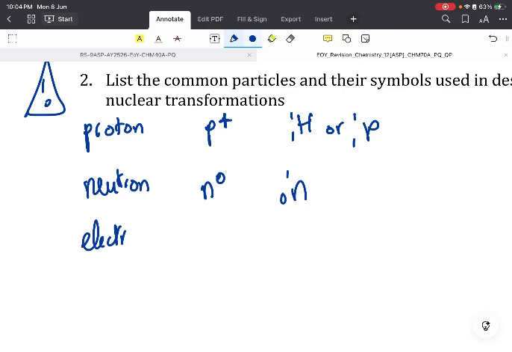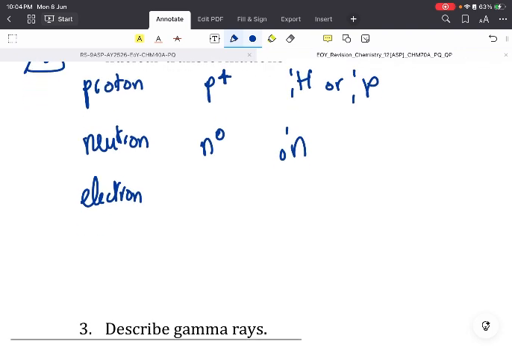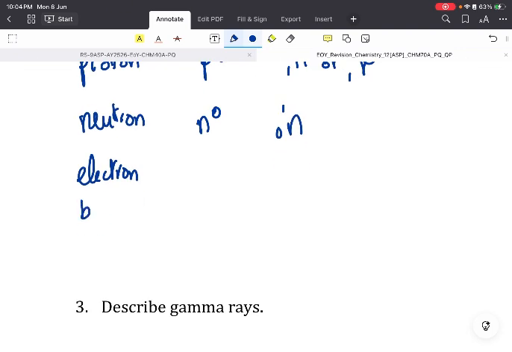Now electron, or you can say beta, I'm going to make them separate because the electron I use in electron capture, and the beta is usually obtained in emissions as beta decay. But these are almost the same particle.